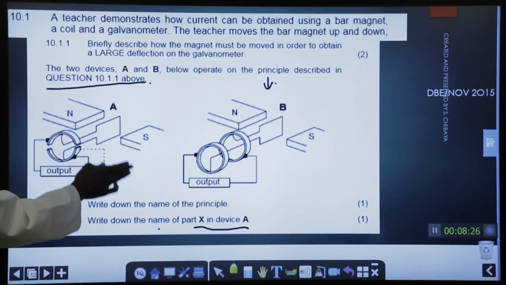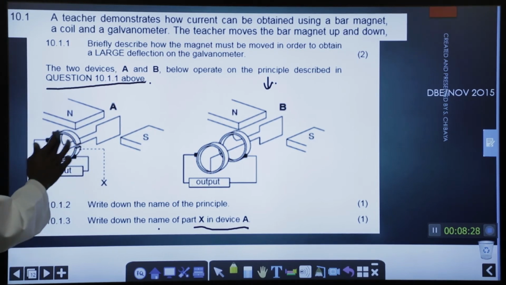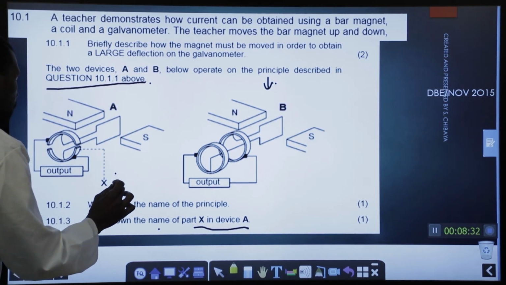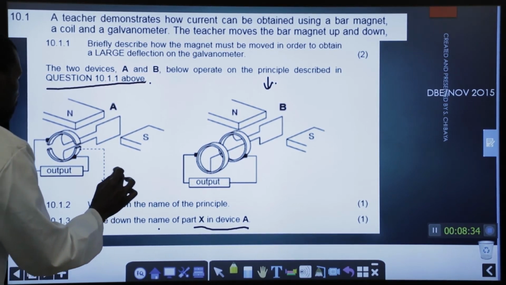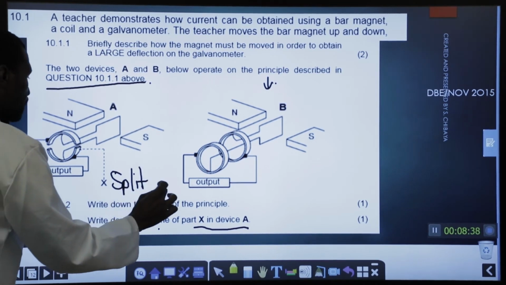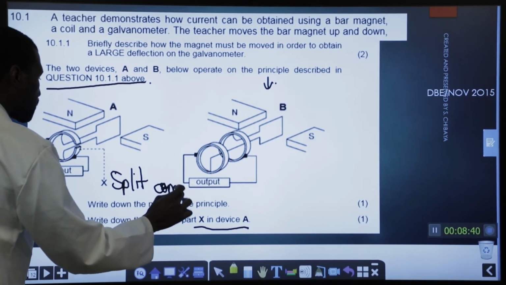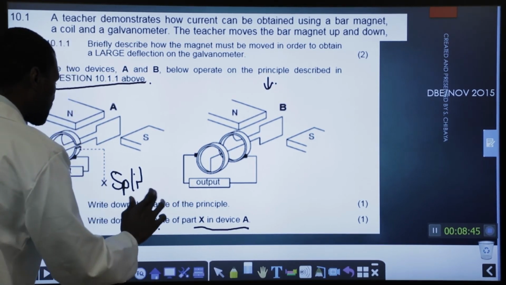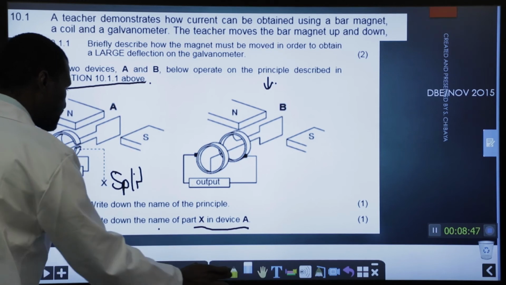All right, and you can see for X, they are what we call the split commutator or split ring commutators. Some books just have them as split rings.